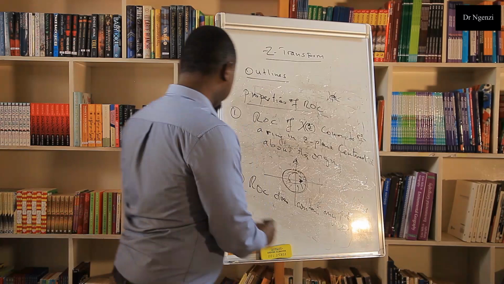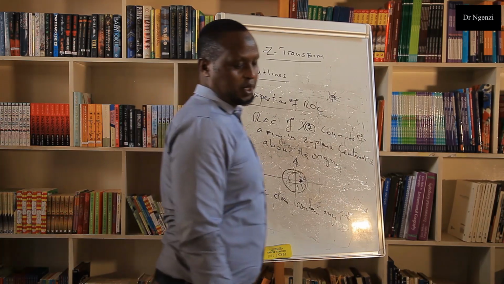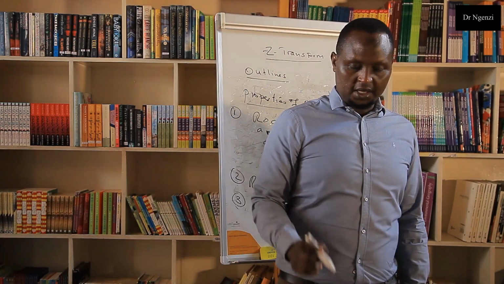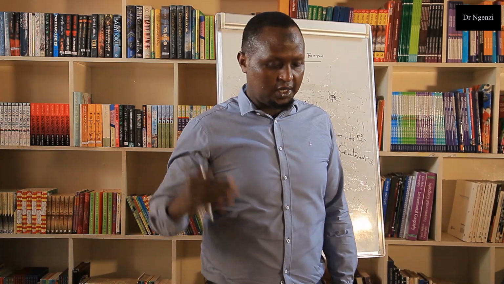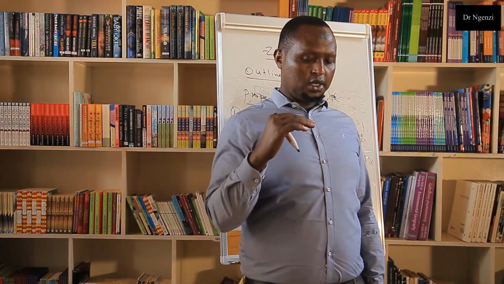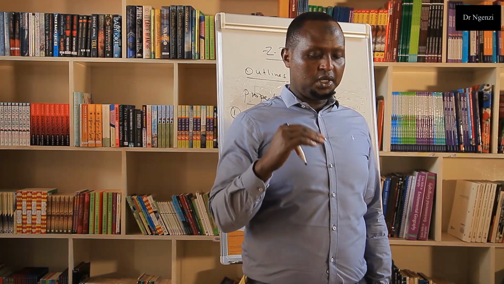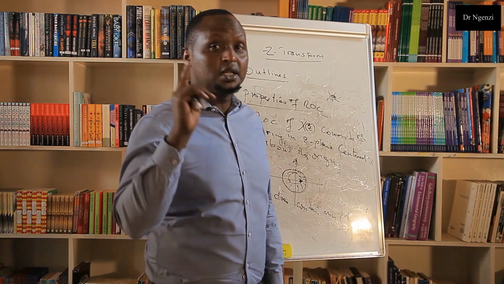Property number three: if x of n is of finite duration, the region of convergence is going to be the entire z plane, except when z is zero.